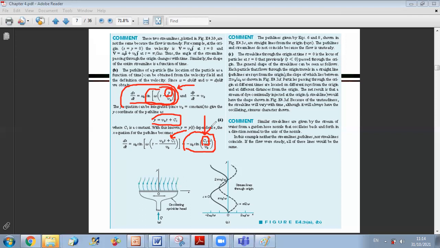This is why we will have a region where the line will have a positive slope, and other regions where the slope will be negative. Because for all path lines, y will always increase because dy by dt is positive, equal to v0, while dx by dt can change in sign depending on the value of constant c1.